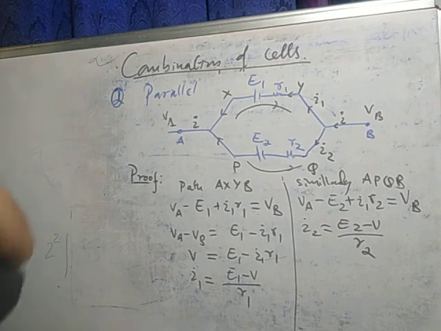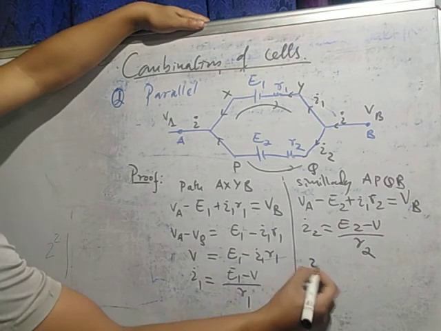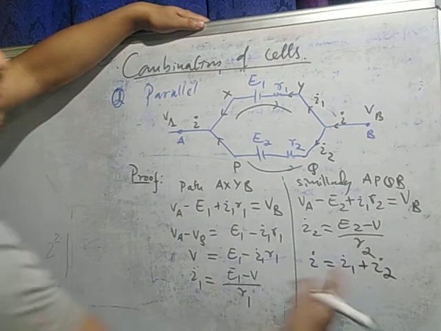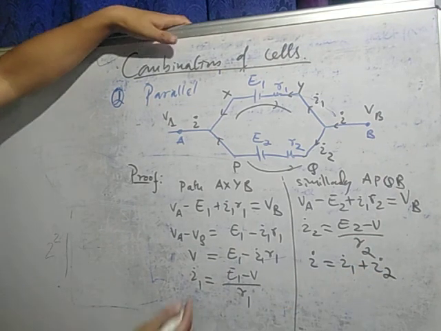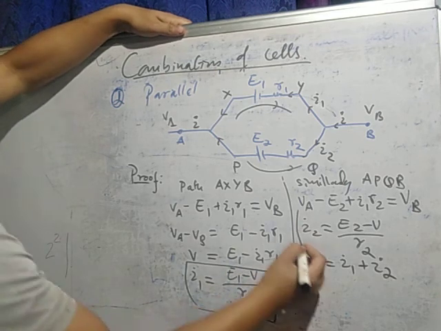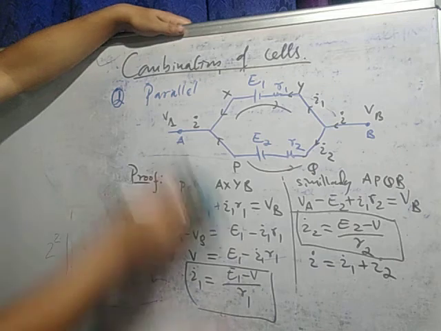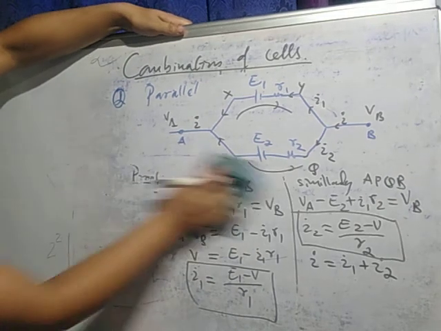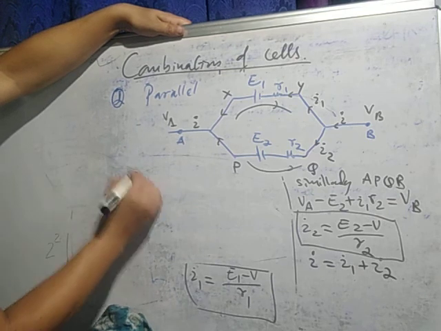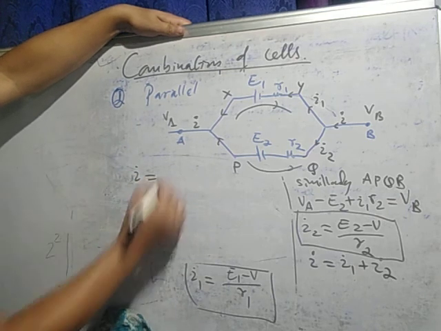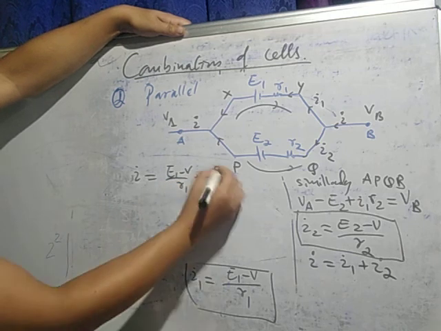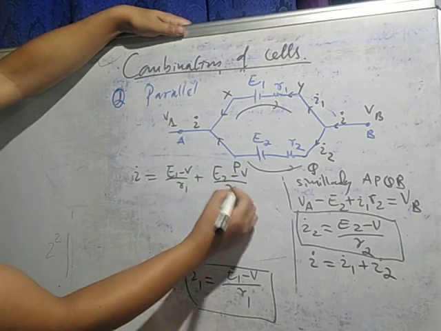So if this happens, then we know, isn't it? I equals to how much? I1 plus I2. Here you have to apply a little bit, I1 plus I2. So what is I1? I1 is this one, isn't it? I2 this one. So add them. Shall I rub this side? So I equals to how much? E1 minus V by R1 plus E2 minus V by R2.